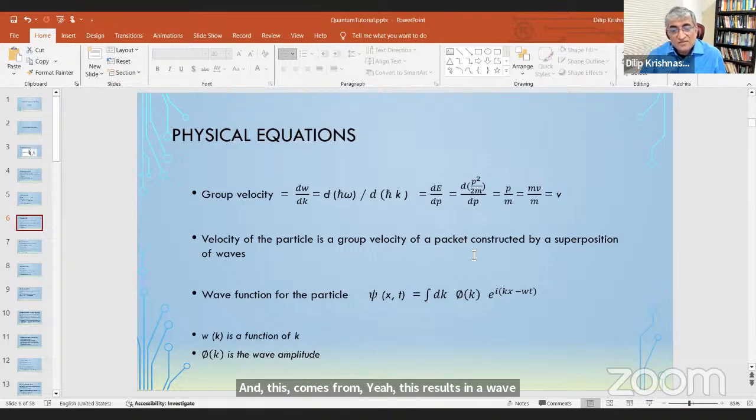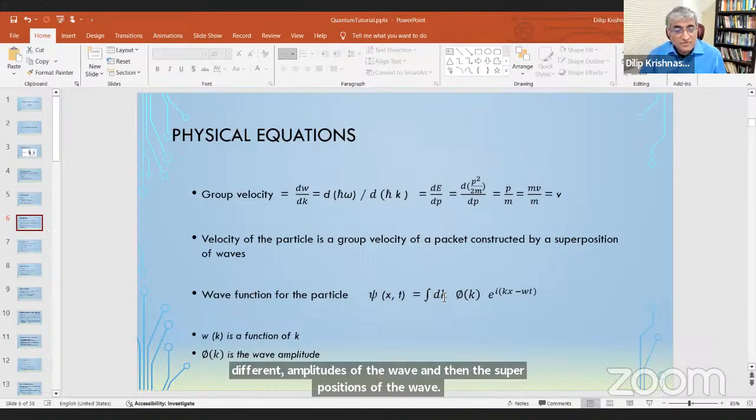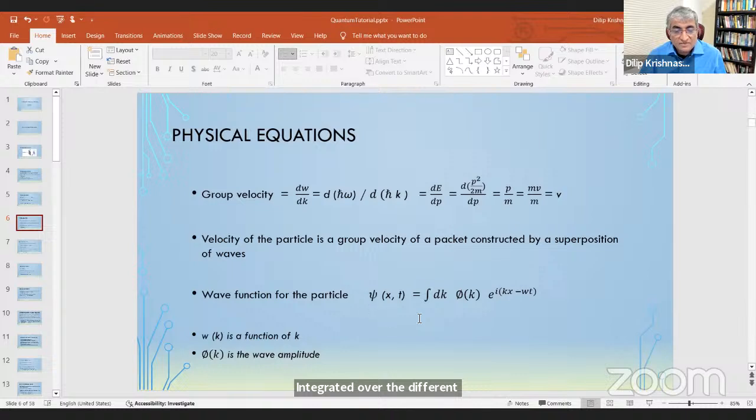When we say superposition, you can think of it as an integral over this function here. The phi k here can be different amplitudes of the wave, and the superposition of the waves integrated over the different possible values of k ends up becoming a wave function.